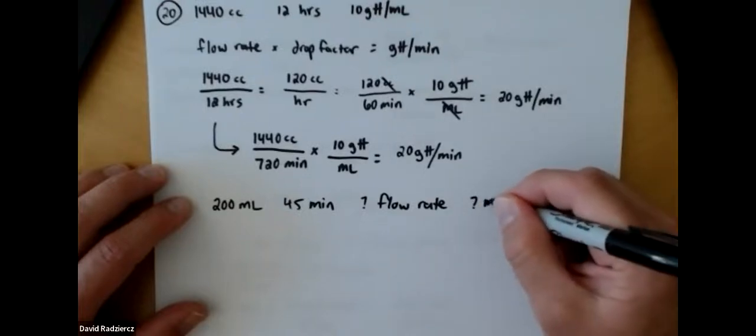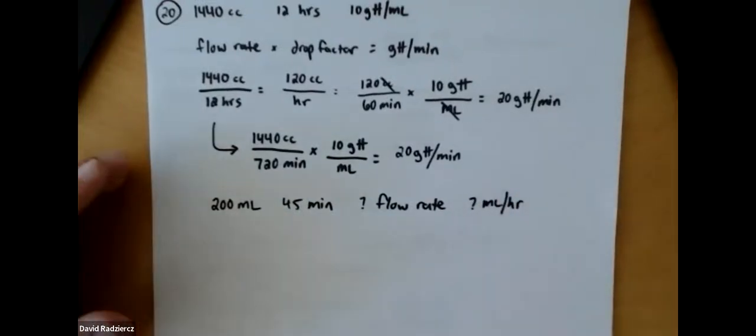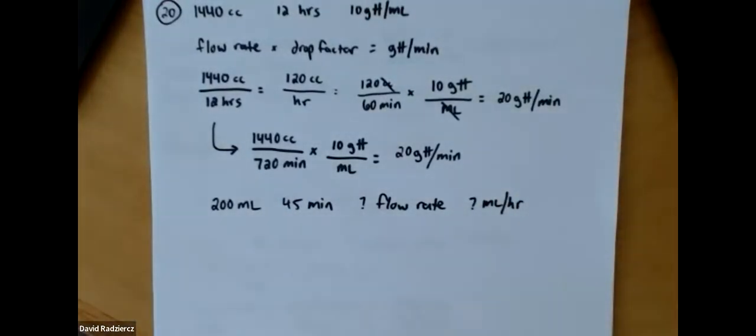Usually they're going to tell you to calculate milliliters per hour. When they ask you to calculate the infusion rate or the flow rate, if they don't give you a drop factor, or they don't mention anything about tubing or microtubing, you have to assume that they want it in milliliters per hour.